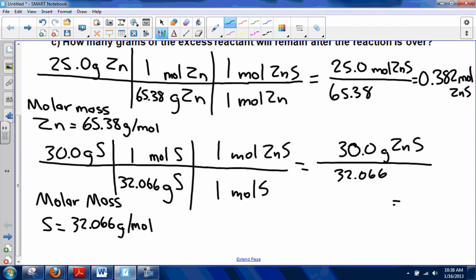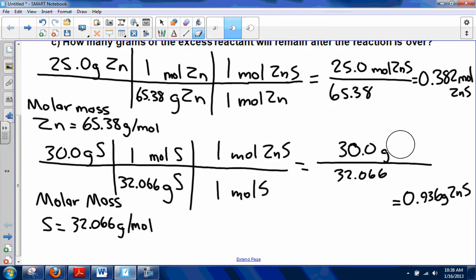And that'll give me 0.936. Oh, not grams. Made a mistake. That was supposed to be moles of ZnS.